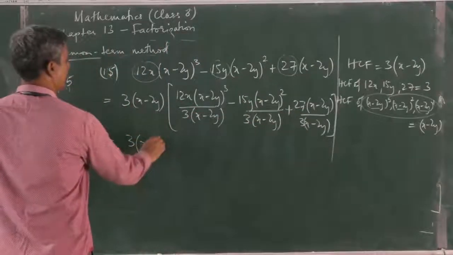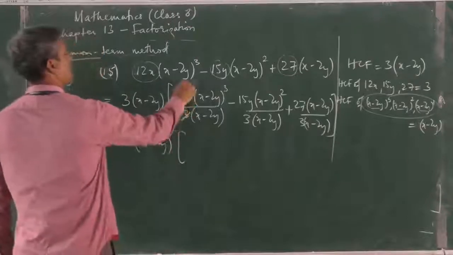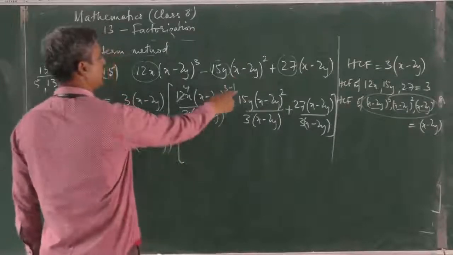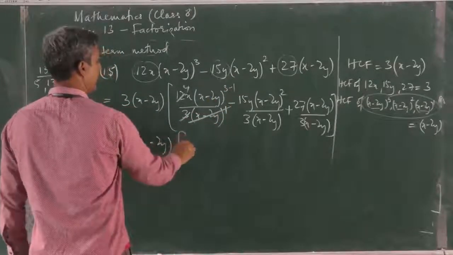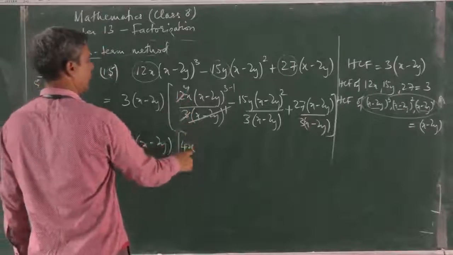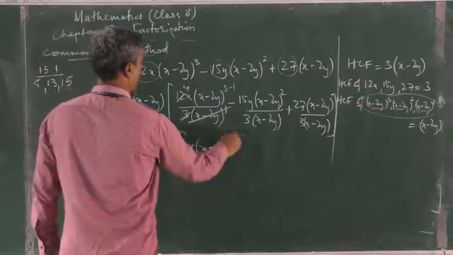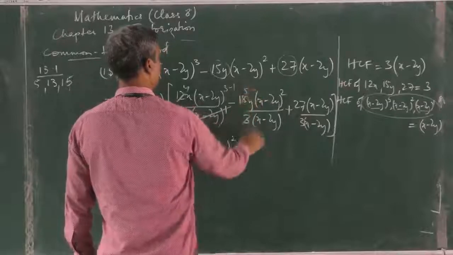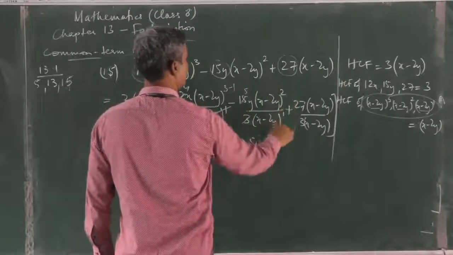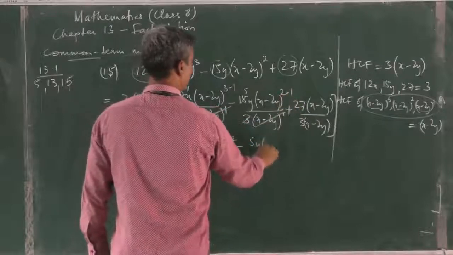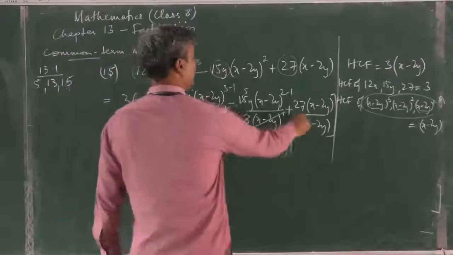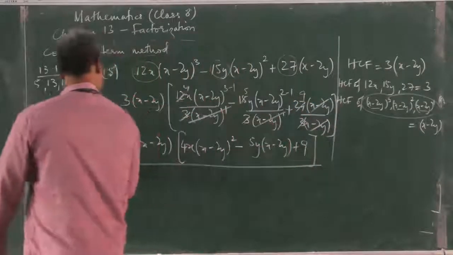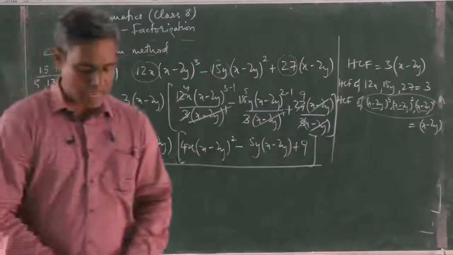What is outside the bracket remains as it is. 3 4s are 12. x minus 2y, power is 1. Power in numerator minus power in denominator. So I am getting 4x remaining here, 3 4s are 12, 4x, and (x minus 2y) square. Minus 3 5s are 15, 5y, and this is power 2, this is 1, so minus 1. So we have (x minus 2y). And then 3 9s are 27, and both are the same, so they cancel. This is your final answer as you see it.